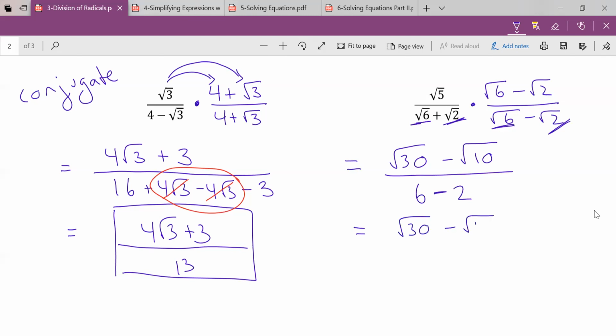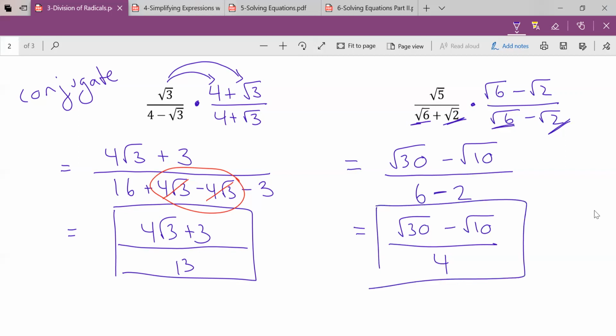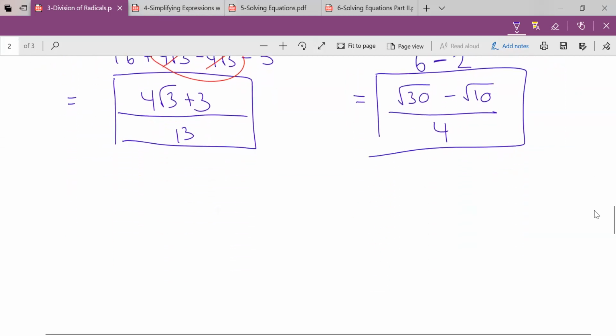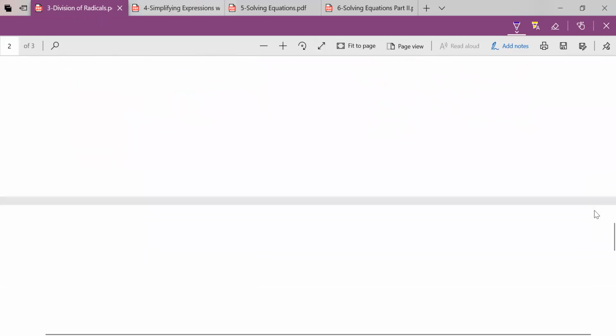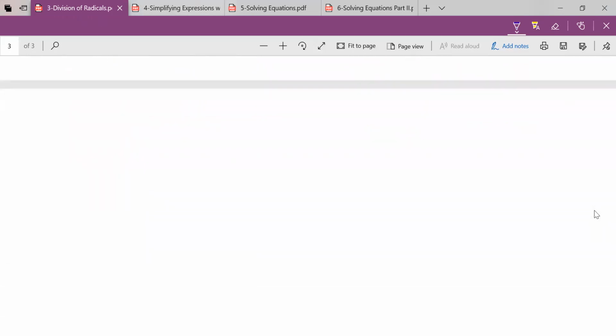And my friends, there it is. Now, I do take a quick second to see if I could simplify any of my radicands, but there's no perfect squares that go into 30 or 10, so I cannot. That is my answer.